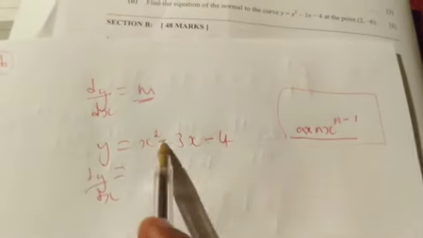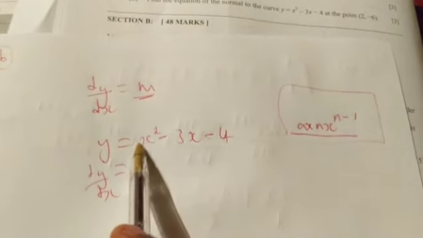Except for this constant, which in differentiating turns into a 0. So this n is the 2. Since the coefficient of x squared is 1, we say 1 times 2x, then 2 minus 1.